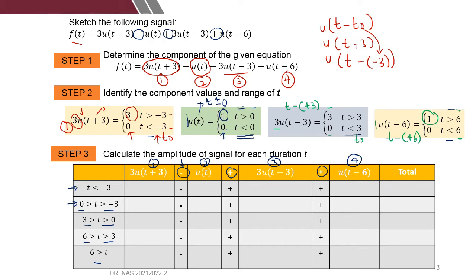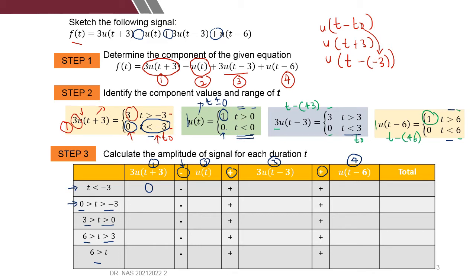Next you need to go through each component and each t. Let's look at when t is less than minus 3. You need to consider every component. For the first component, what's the amplitude? The amplitude is 0. How about the second component?